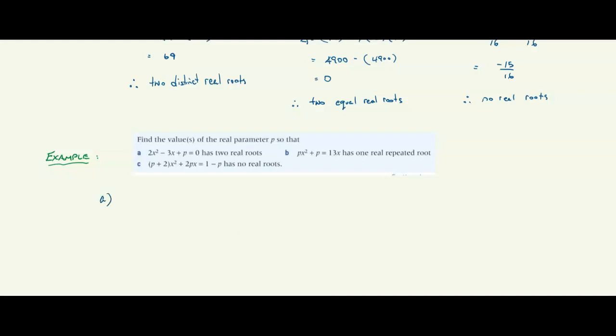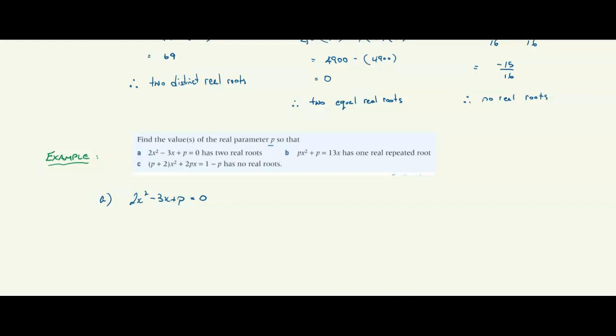It's A, and on this question, find the value or values of the real parameter p, so that, all right, so what I'm doing here, I've got a quadratic 2x squared minus 3x plus p equal to 0. Now this is the world's my oyster here. The value of p will determine the value of my discriminant. The value of my discriminant tells me what type of roots I have.